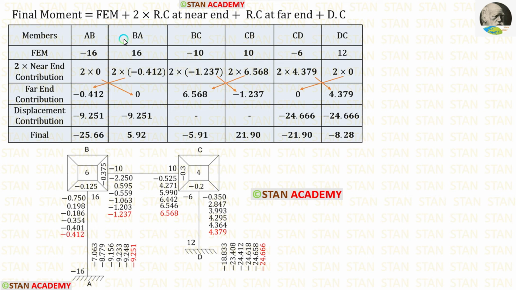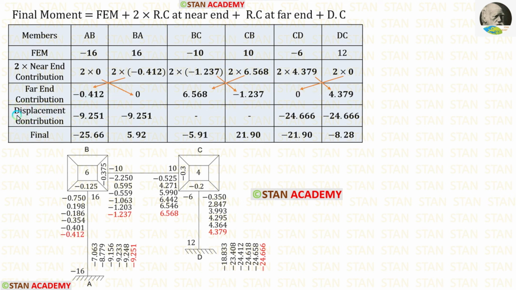The near end rotation contribution for BA is minus 0.412, for BC minus 1.237, for CB 6.568, for CD 4.379. Then using the arrows we can enter the far end contributions.